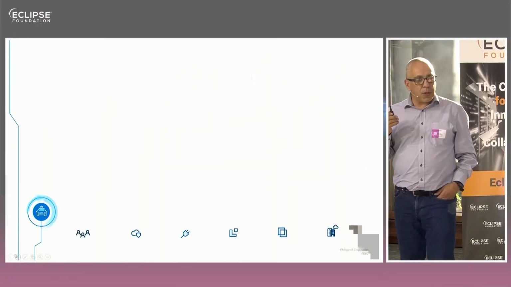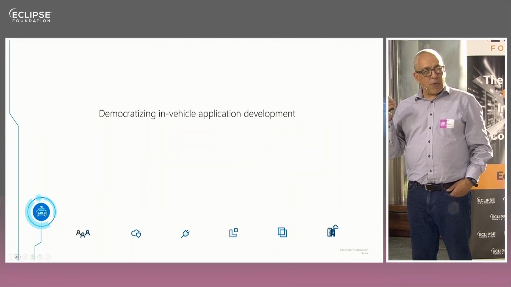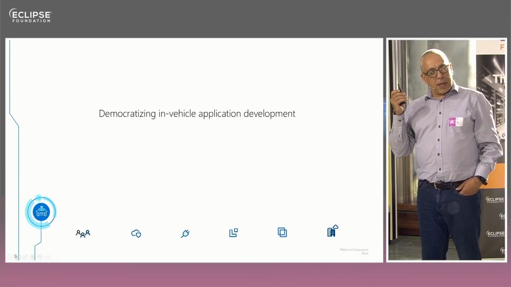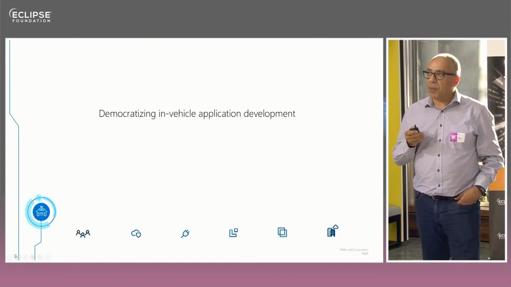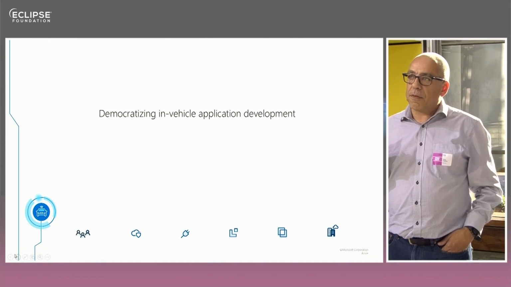So we want to provide you an update on a first project we contributed roughly 3 months ago. And if you think about the word debuggy, now you can try to listen to me saying democratizing the in-vehicle application development. And this is really the objective of Chariott.